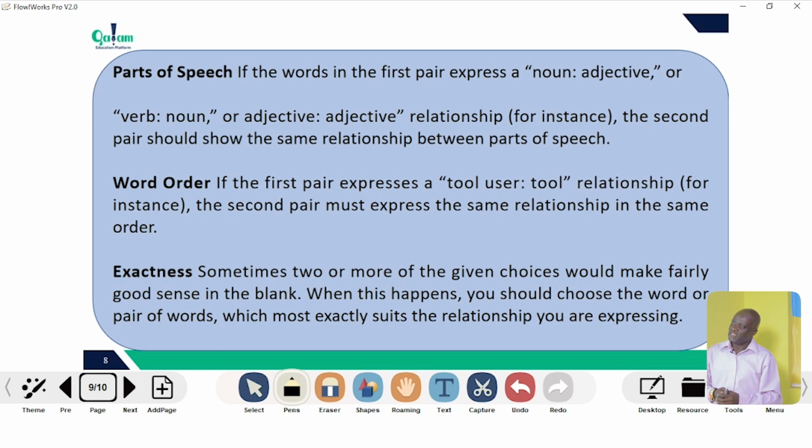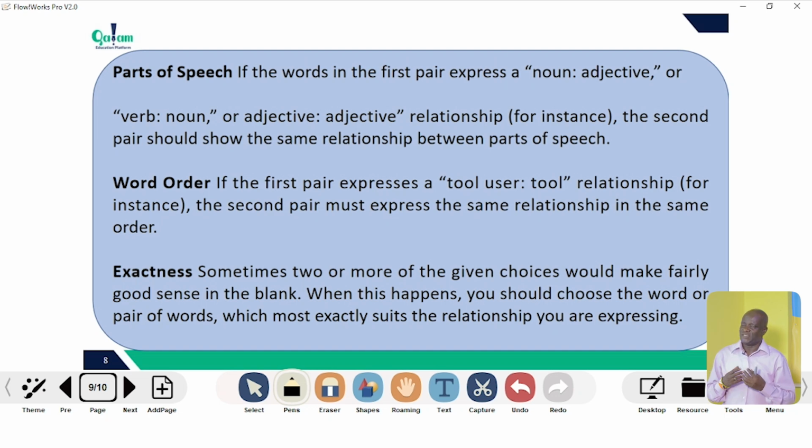Exactness. Sometimes two or more of the given choices would make fairly good sense in the blank. When this happens, you should choose the word or pair of words which most exactly suits the relationship you are expressing.